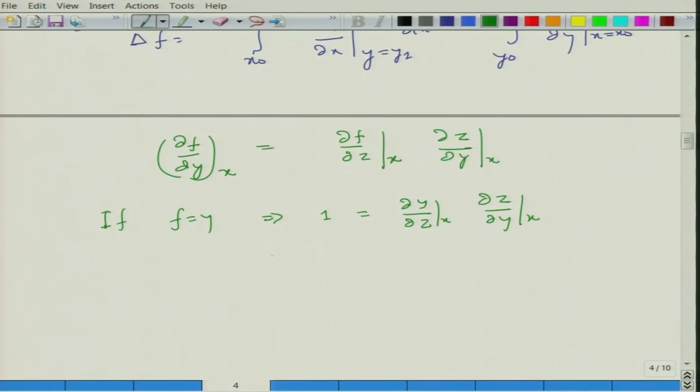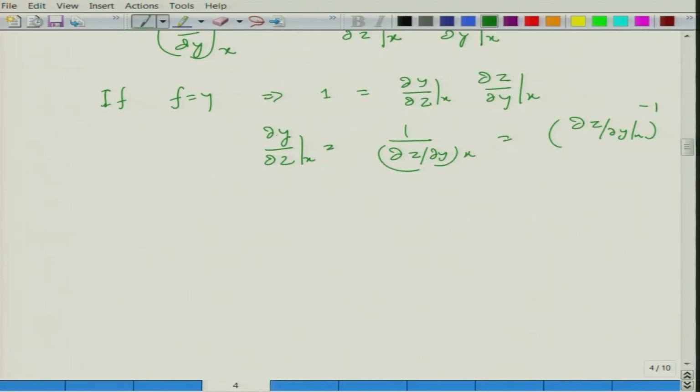I can write this as del y by del z at x is equal to 1 by del z by del y at x, or del z by del y at constant x to the power minus 1. This is sometimes called the inverse rule, or the minus 1 rule. What we are saying is simply that you can just invert it in this way. Now, consider z is a function of x and y.